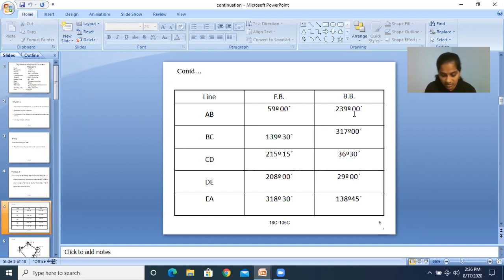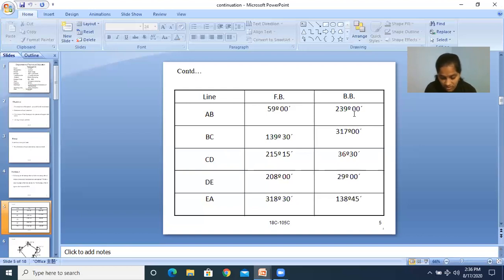So this is less than 180: 36 degrees 15 minutes minus 36 degrees 30 minutes. So this is greater than 180. And then the next one is DE: 208 degrees 00 minutes minus 29 degrees.